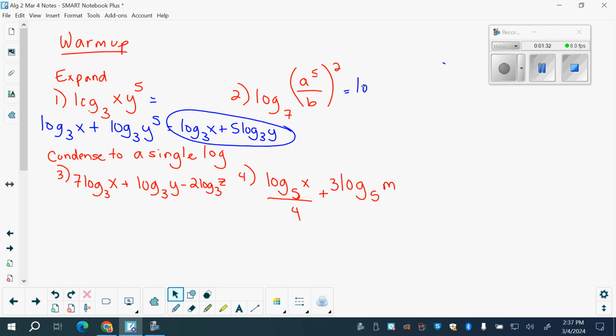Log base 7 of a to the, what do we do with those exponents? Multiply, so this becomes 10. So somebody besides Zane, what goes on the bottom? B to what exponent? Squared. Questions on that? We're not done, but questions so far.